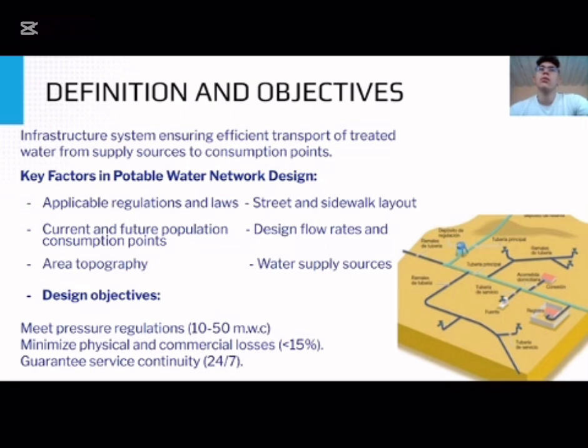Definition and objectives. A water distribution network is like an underground highway that transports water from treatment plants to our taps.